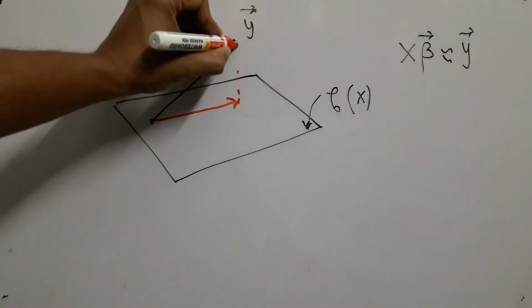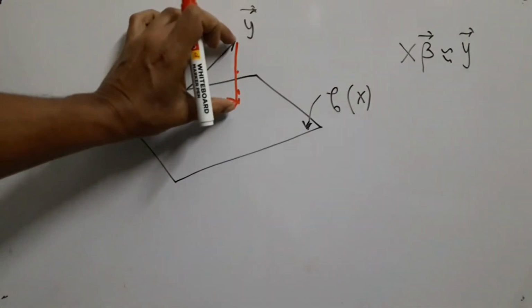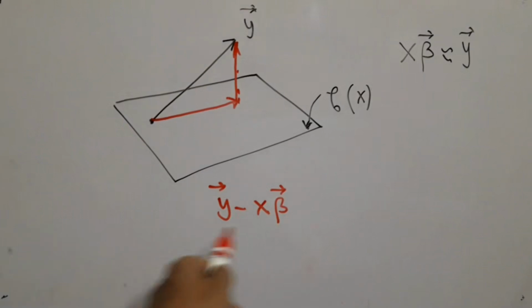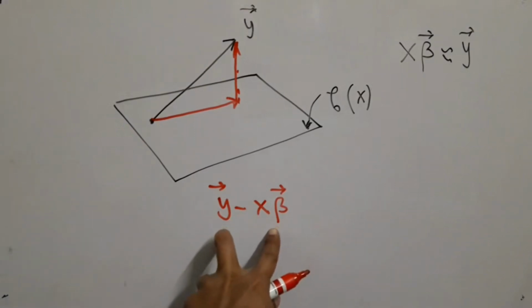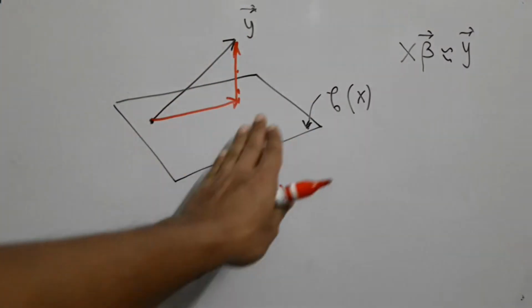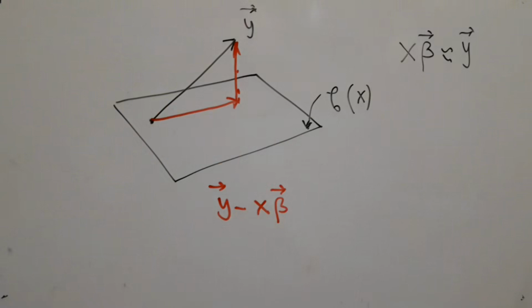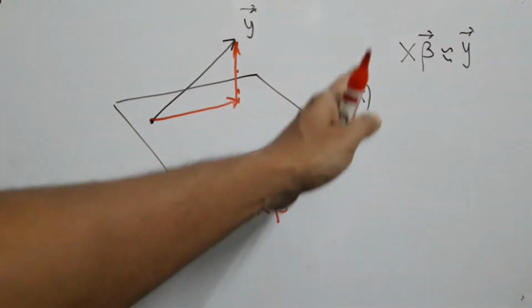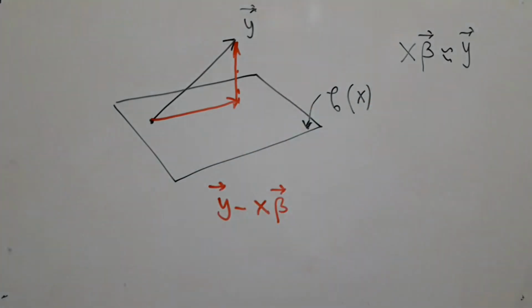Now when I do this, what I am doing is this. I am taking this particular vector, which is y minus Xβ, and I want this vector to be perpendicular, orthogonal to the column space of X, which means I want this to be perpendicular to every column of X.